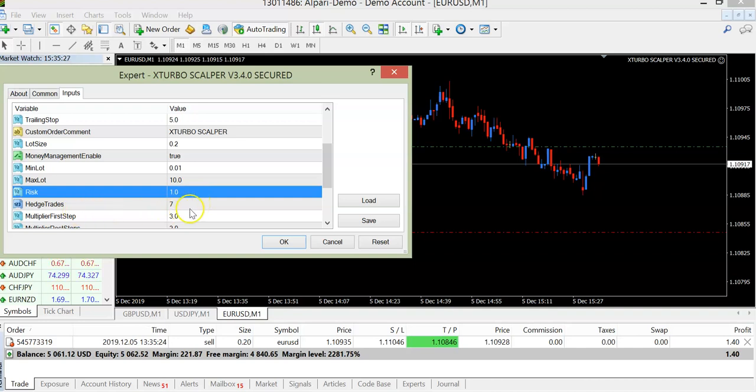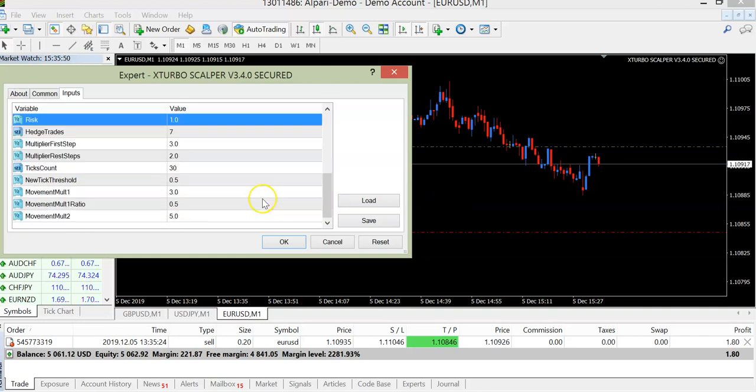Hedge trades is the maximum number of hedge trades possible. I put 7, but you can easily put 5 because it never goes over 5. Until now, in 1 year of trading testing, it never went over 5. All other settings you do not touch.